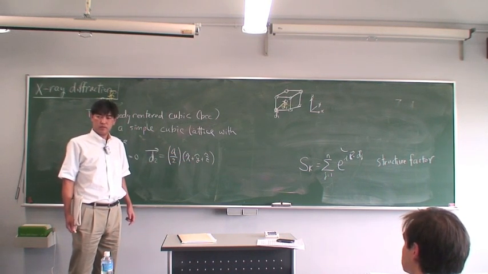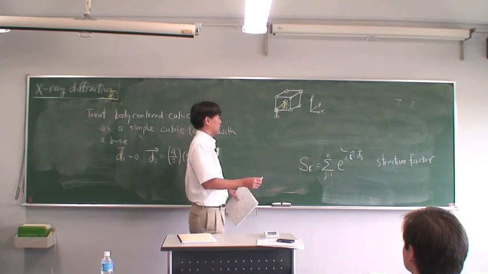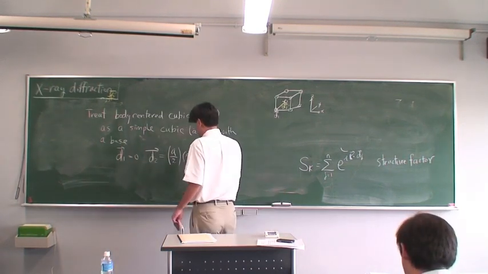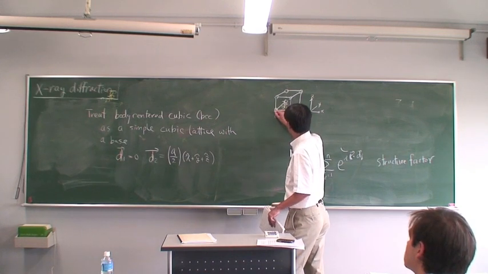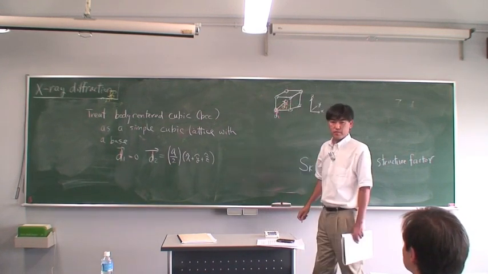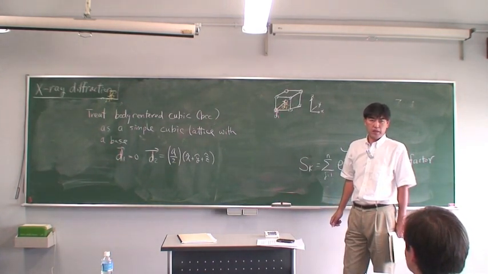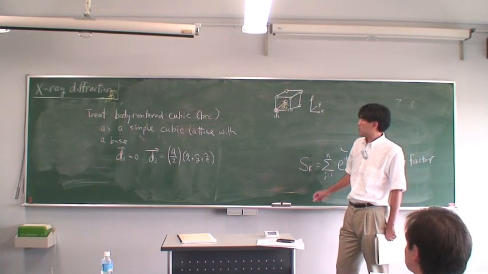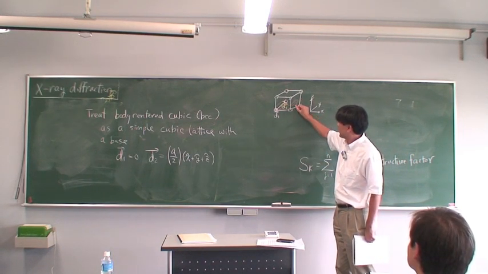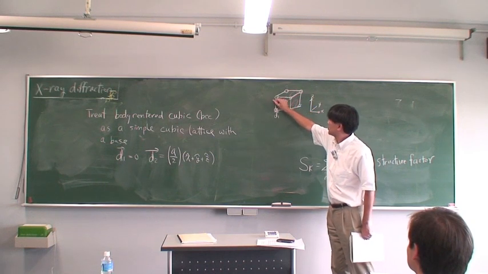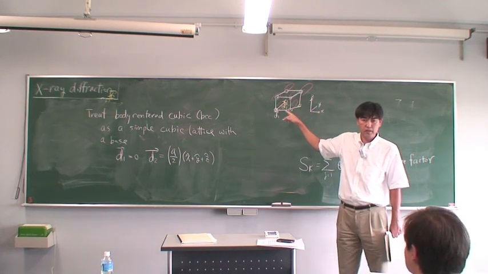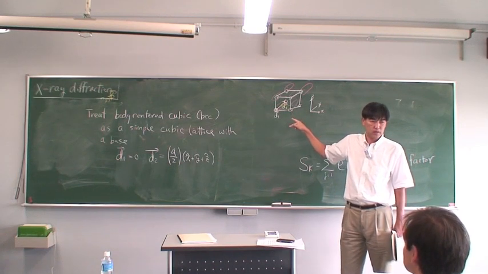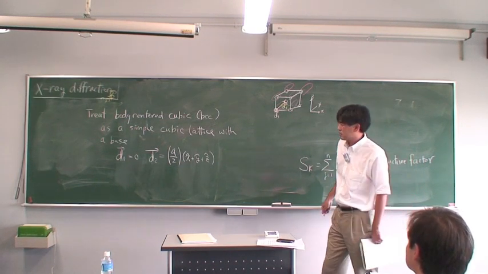So we now treat them as a pair, a base. Once we treat them as a base, we will have a simple cubic lattice. Right? Simple cubic lattice.